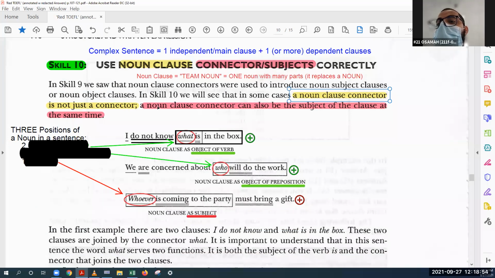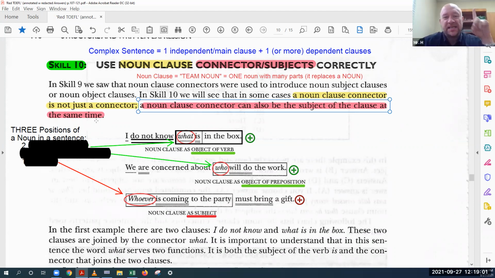A noun clause connector can also be the subject of the clause at the same time. So this is the key idea in skill 10. The main difference between skill 9 and 10: the connector is sometimes a subject at the same time, okay?